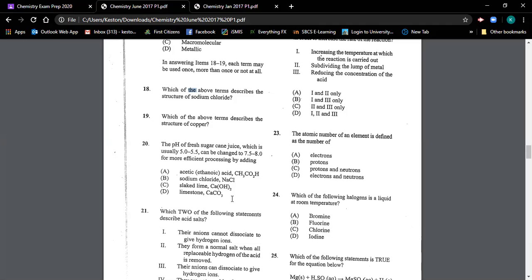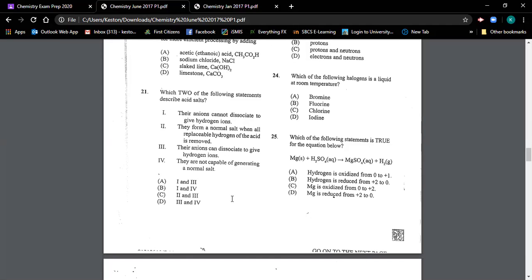21. Which two of the following statements describe acid salts? Acid salts. See, you have 2 and 3.